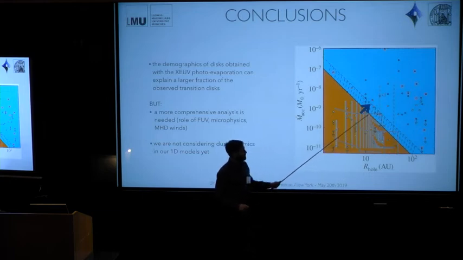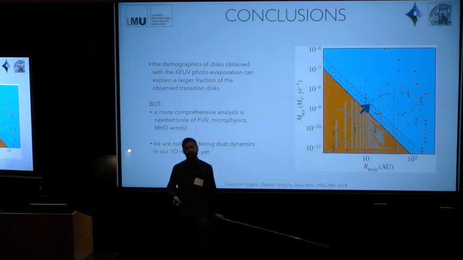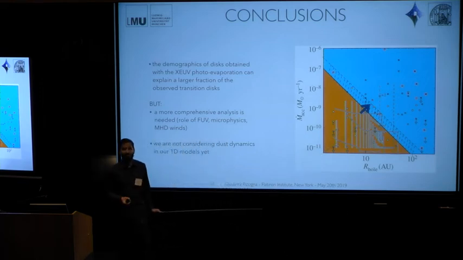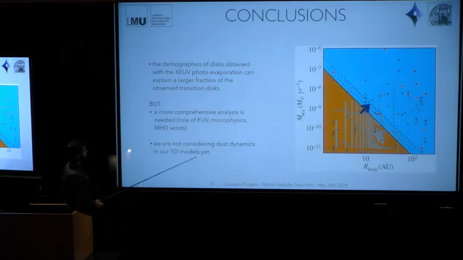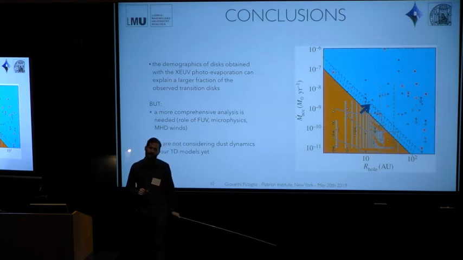So there's a large shaded region here of transition disks, which can be explained both by a dynamically sculpted system or by direct photoevaporation from the central star. Of course, we are still using quite simplistic modeling of our system.